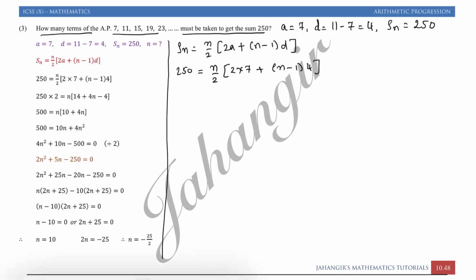So now we can cross multiply the 2 over here. 2 into 250 is 500 is equal to n into (7 twos are 14 plus 4n minus 4). So 500 is equal to n into (4n plus 10), because 14 minus 4 will give you 10. Now multiply. 500 is equal to 4n square plus 10n.